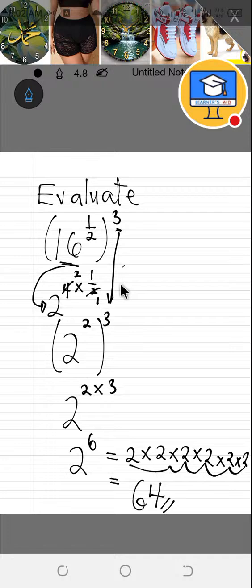Let's move on to our next question. Now we move on to a critical thinking biology question.